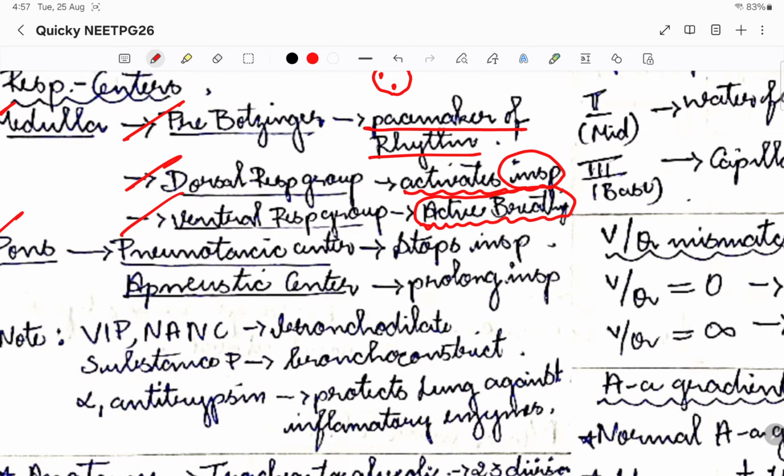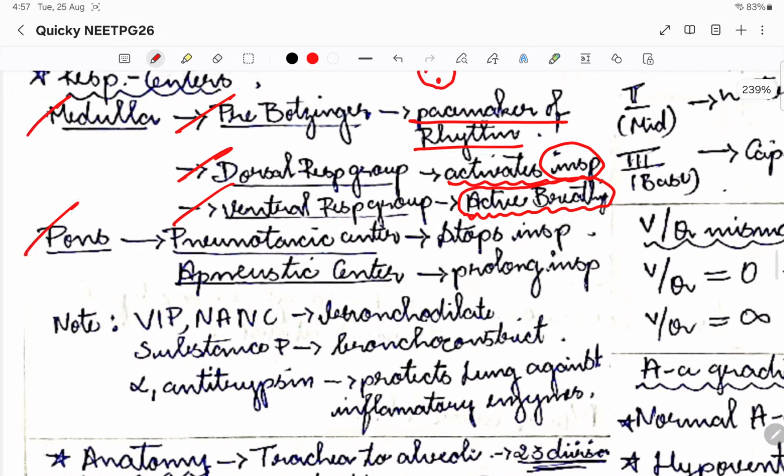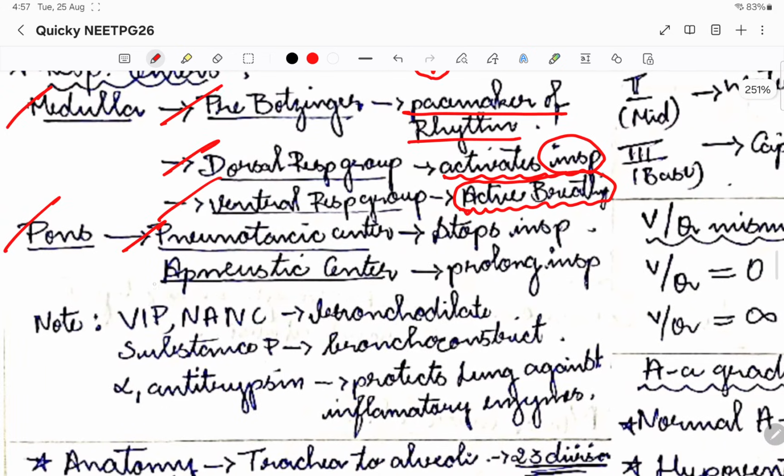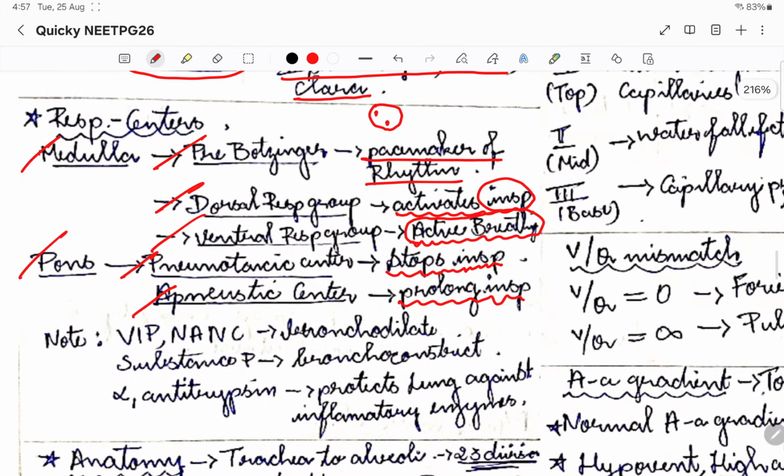Coming to pons, there are the pneumotaxic center and the apneustic center. The pneumotaxic center stops inspiration, whereas the apneustic center prolongs inspiration. So these are the respiratory centers.